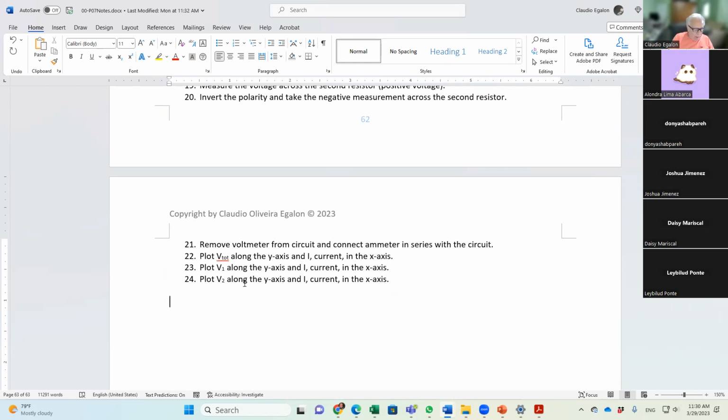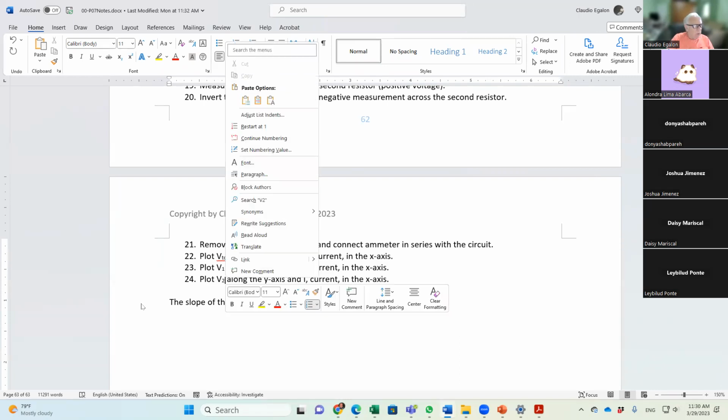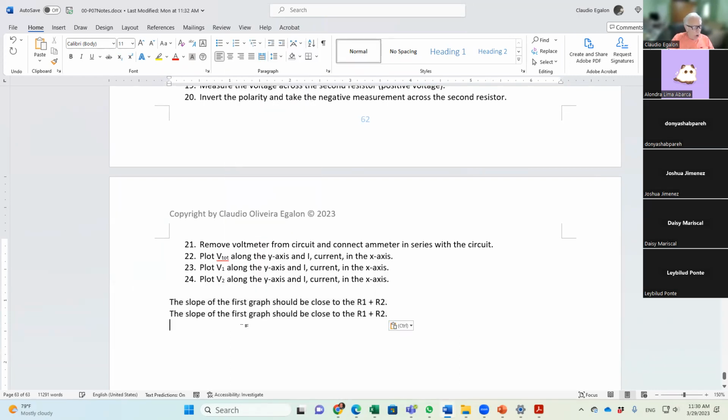Now I'm going to give you the slope of the first graph. It should be close to R1 plus R2. The slope of the second graph should be close to R1.